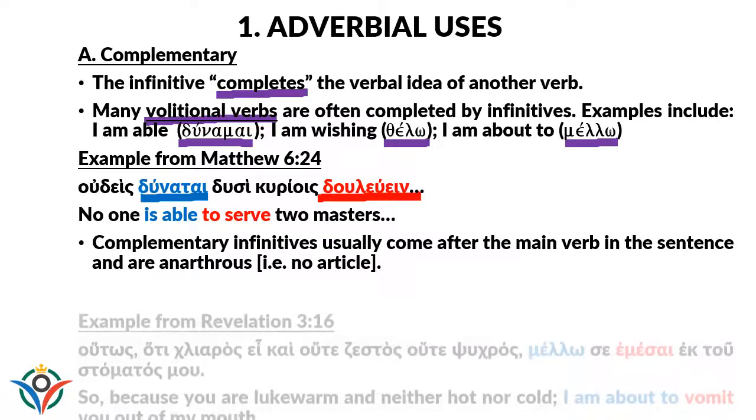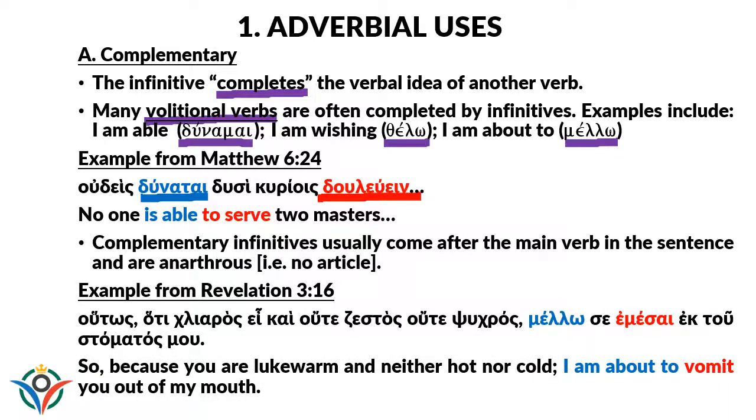Let's take a look at one more example together from Revelation 3 verse 16. The Greek reads, houtos hoti chliaros kai oute zestos oute psuchros, mellō se emesai ek tou stomatos mou.